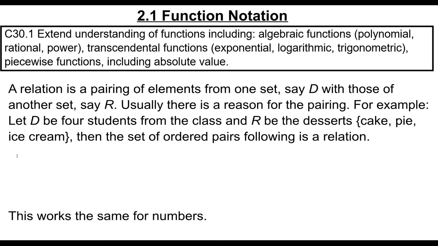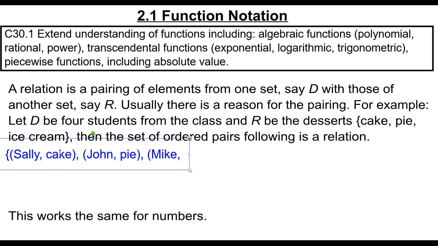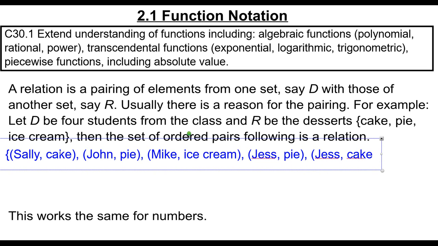So for example, if I have 4 students in my class, I'm going to let them fall in D, and I'm going to have the desserts of cake, pie, and ice cream in R. I can create the relation that Sally likes cake, John likes pie, Mike likes ice cream, Jess likes pie, but Jess also likes cake.